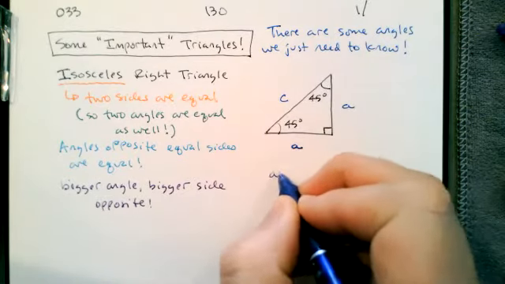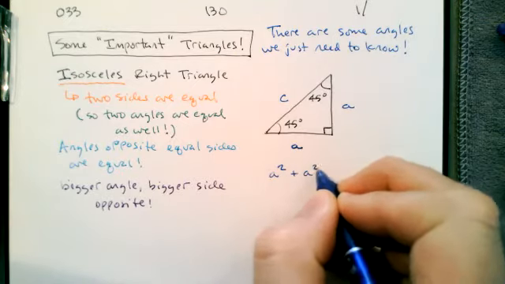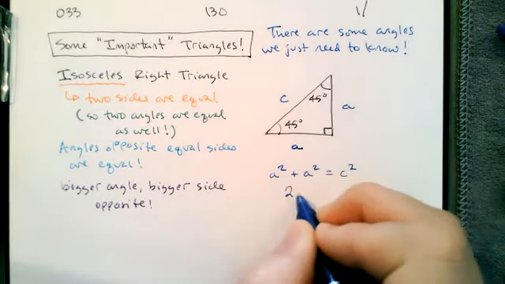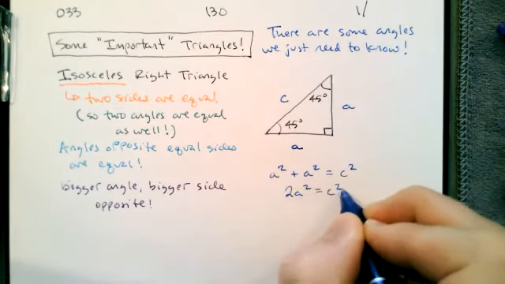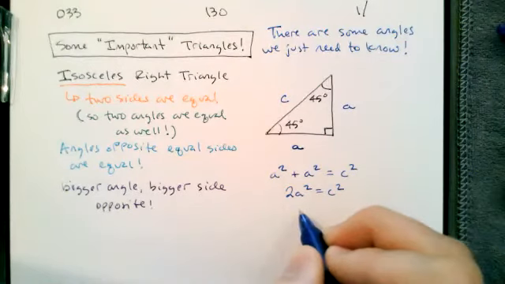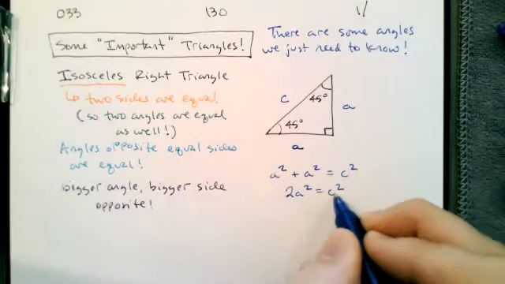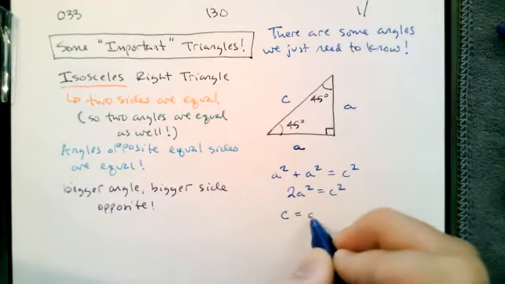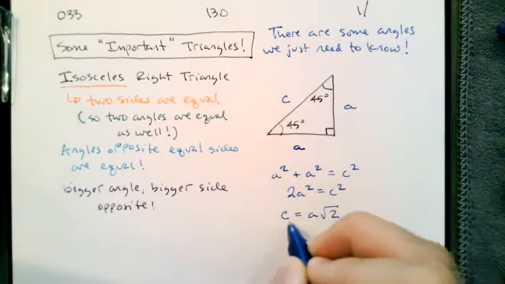We can use the Pythagorean theorem: a squared plus a squared is equal to c squared. This means that 2a squared is equal to c squared. We take the square root all the way through. This tells us that c is equal to a times the square root of 2.